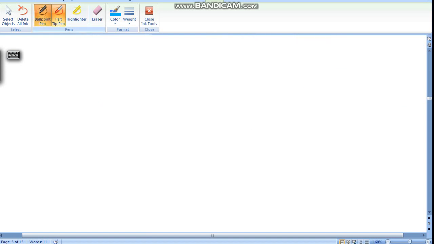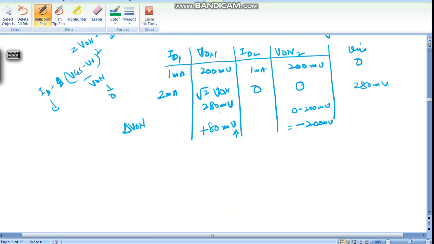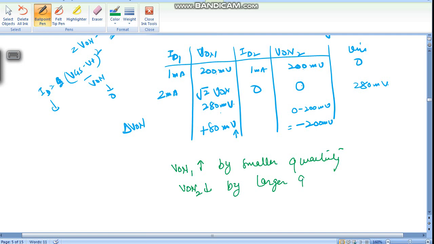Now one important point we should note here is that for fully steering current from one device to another device in a diff pair, VON1 goes up by a smaller quantity, and VON2 goes down by a larger quantity to make the current equal to 0, while doubling the other current.